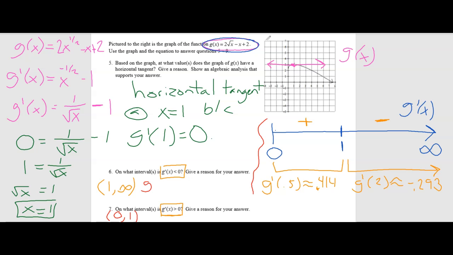So g of x is decreasing on this interval. And that shows you know the relationship between g of x and g prime. Down here, g of x is increasing on this interval.